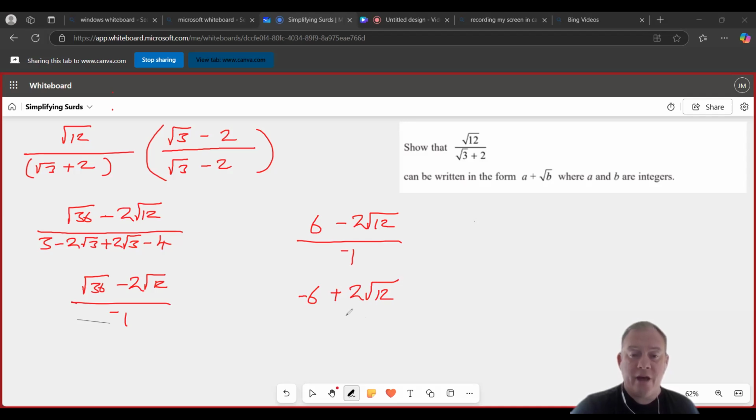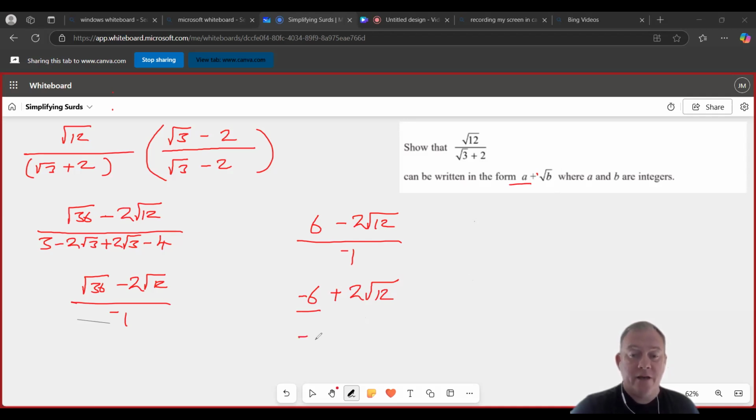We are nearly there. We can see that we've got minus 6, so we've got an integer there, and that's correct. However, we still have this 2 outside of the square root. The question does not want any integer outside the square root. How do we get rid of it? Well, let's look at an equivalent number.